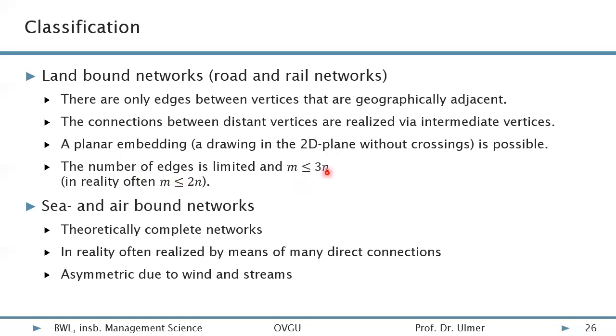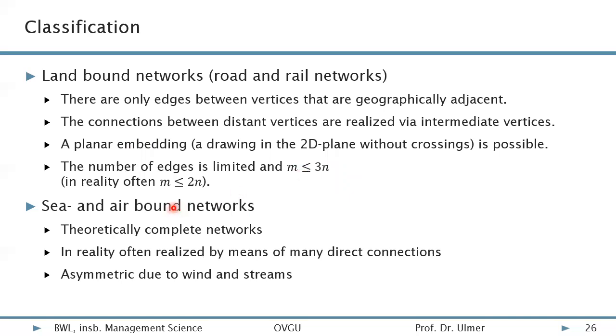So if we have n locations in a city, then the number of edges is more or less lower equal 3 times the n or even 2 times the n. So we have a sparse network with only a few streets. If Magdeburg has about 33,000 locations, it has about 100,000 street segments at most.